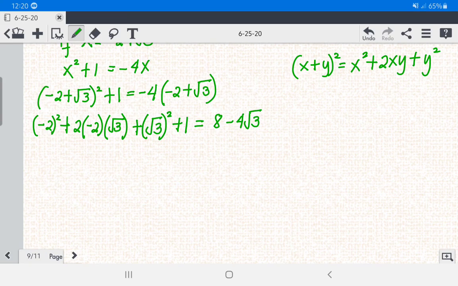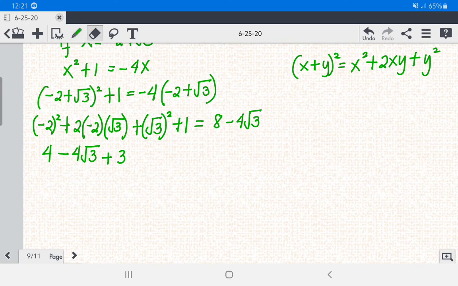We have negative 2 squared, or negative 2 times negative 2, we have positive 4. Then next, 2 times negative 2, so we have negative 4. Then you will just copy square root of 3, because positive 2 times negative 2 times square root of 3 is negative 4 square root of 3. Then plus square root of 3 squared. Now, this is 3. Okay.